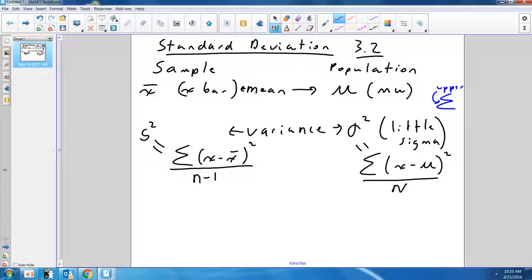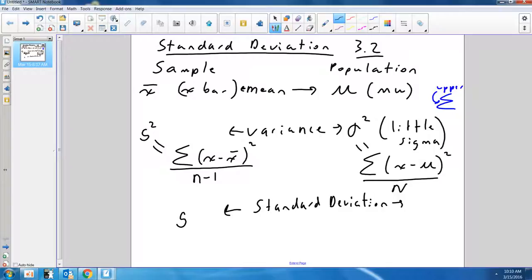Now, the next one is going to be the standard deviation. In both cases, it's just going to be the square root of the variance. So you take whatever this is and take the square root of it. I can just label this as s, because if this is s squared, taking the square root, you get s.